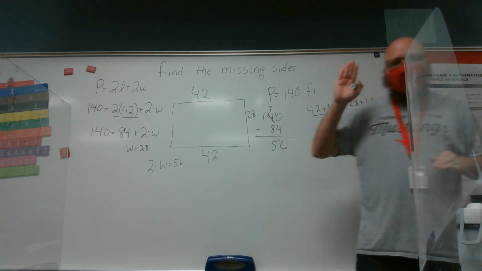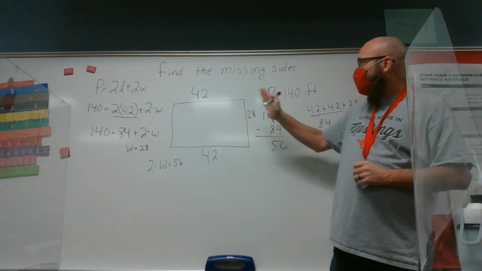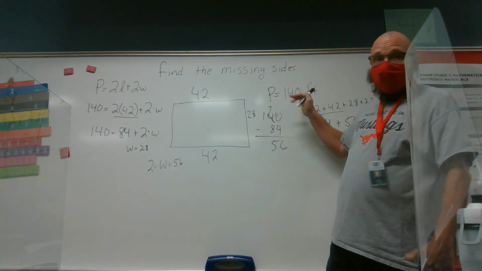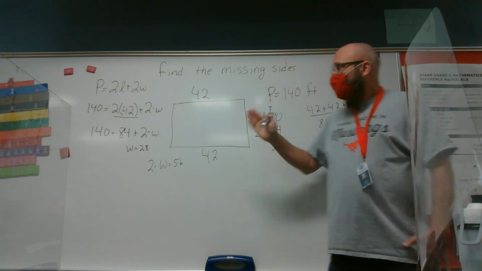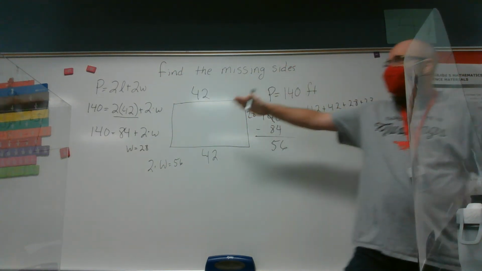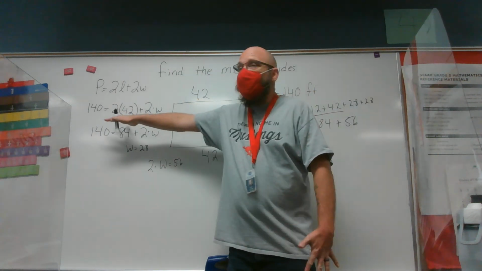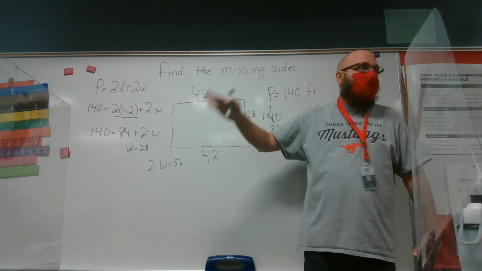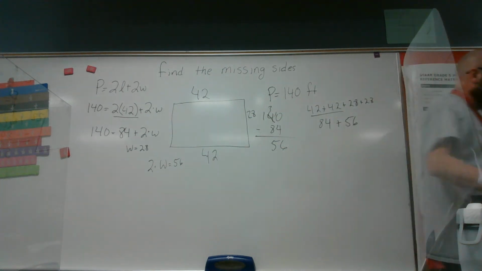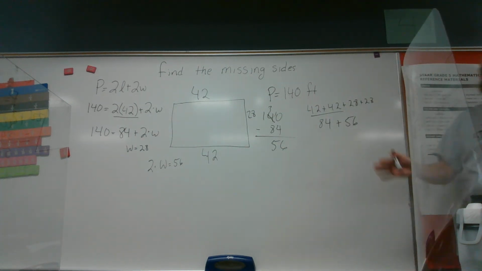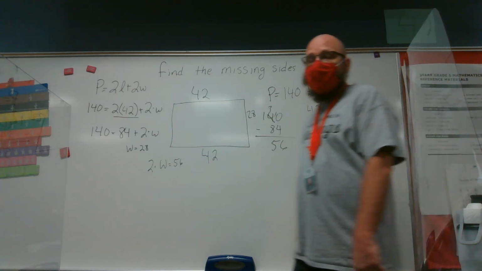However, if they're trying to make you find the length, and they give you the perimeter, it's easier if you replace the variables you know, and that's going to help you work through to find the variable you don't know. Draw a picture, use the formula.